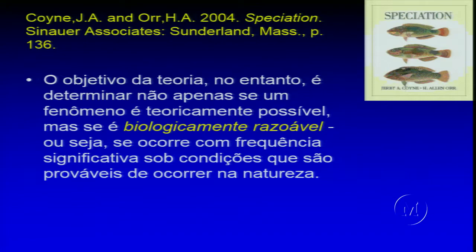No, the Darwinian biologist Jerry Coyne and his student Alan Orr wrote a book, Speciation, and they wrote that the goal of theory is to determine not just whether a phenomenon is theoretically possible, but whether it is biologically reasonable. That is, whether it occurs with significant frequency under conditions that are likely to occur in nature.